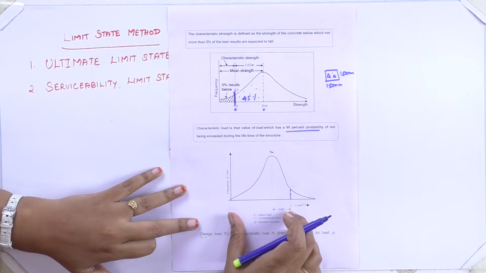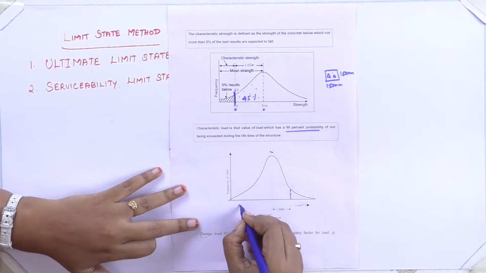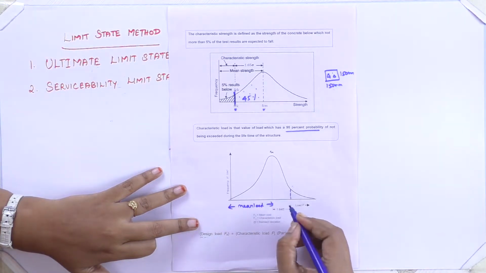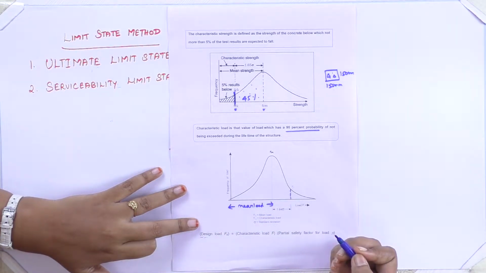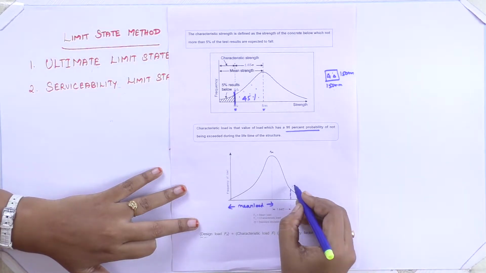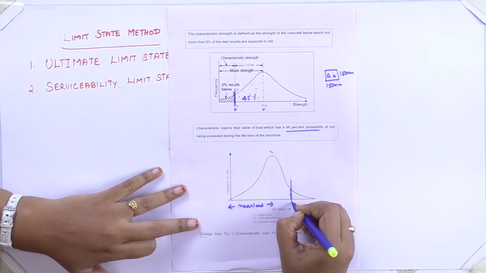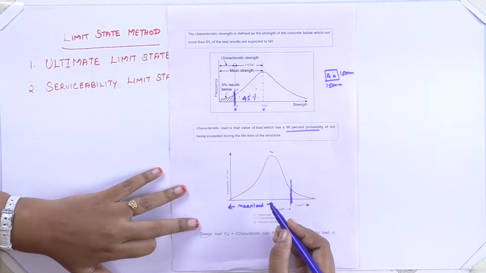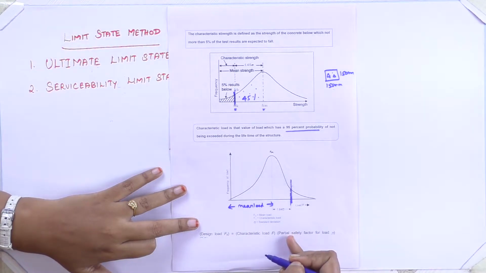So your characteristic load is nothing but the mean load plus your standard deviation value. This is the ultimate load for a material to be achieved. When you calculate your design load for your structure, it is the characteristic load divided by your partial safety factor.